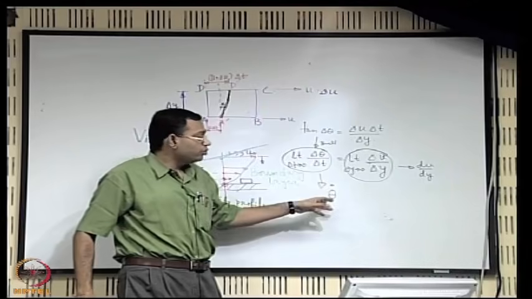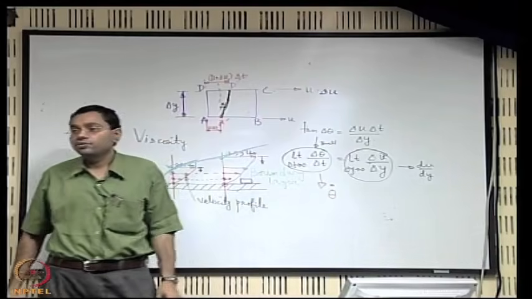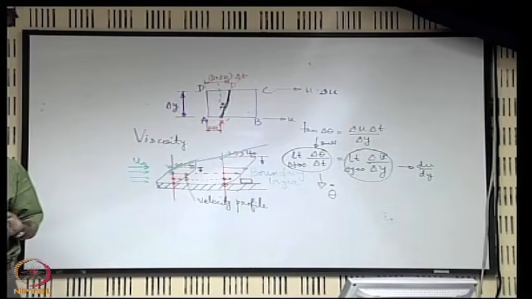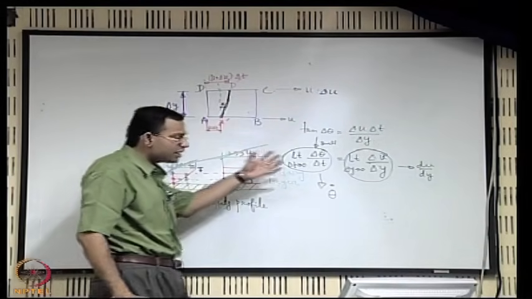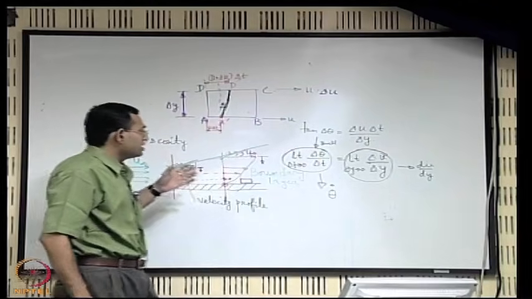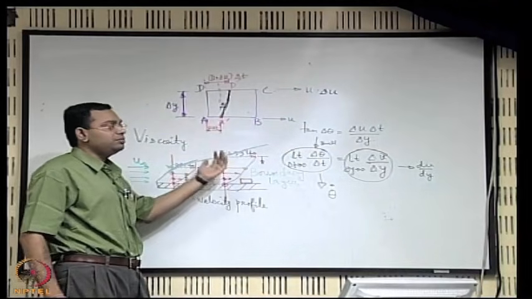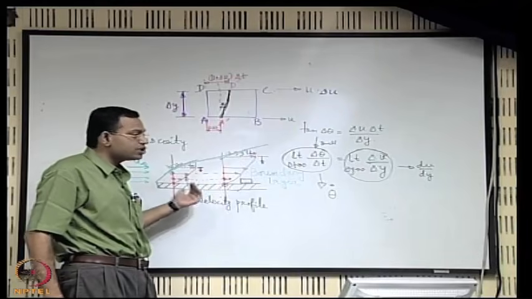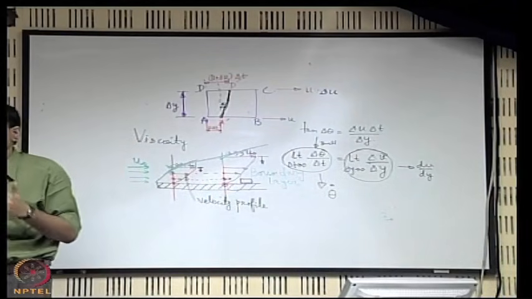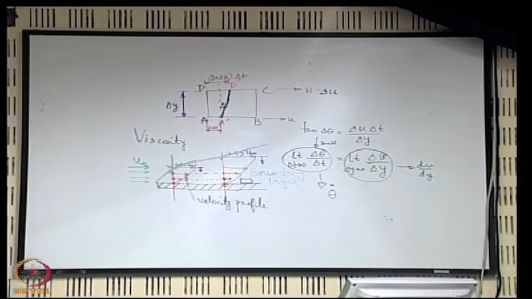Now, who is responsible for this rate of angular deformation? A shear stress, right? So there is a shear stress, and the shear stress is very much related to the disturbance of momentum that was imposed because of the presence of the plate. So shear stress may also be interpreted as a momentum flux.